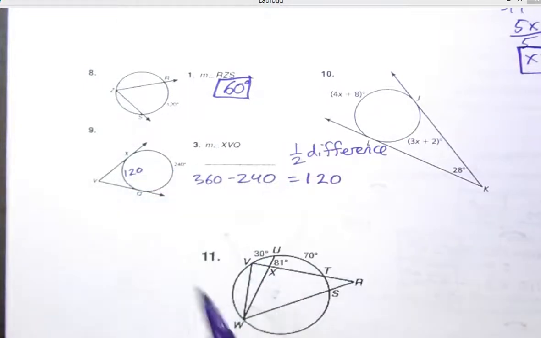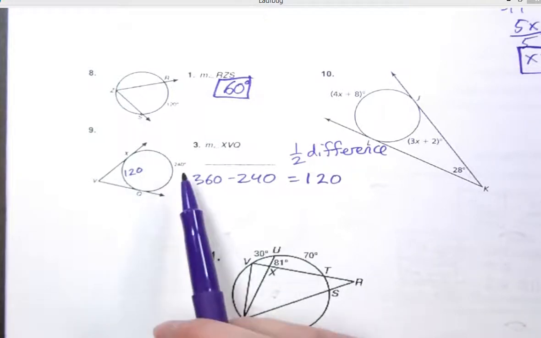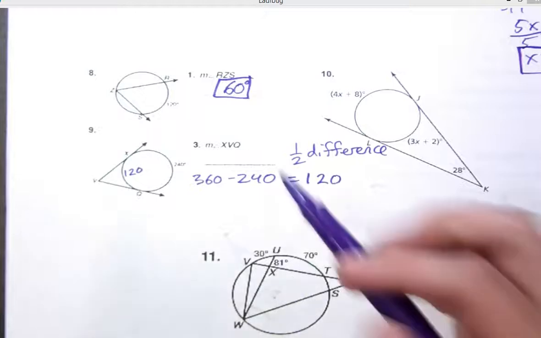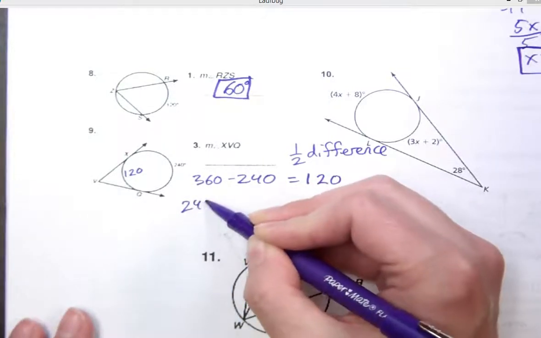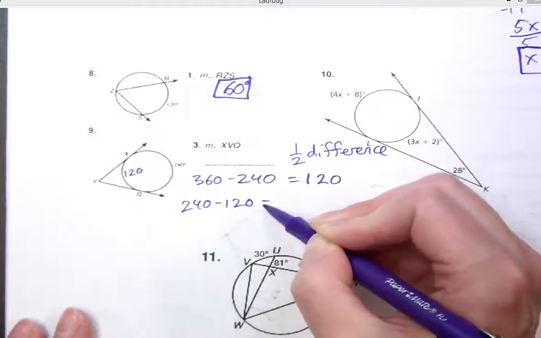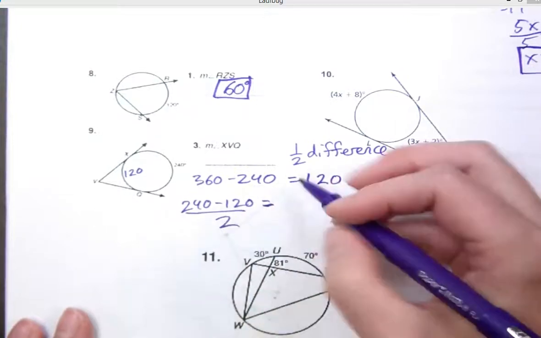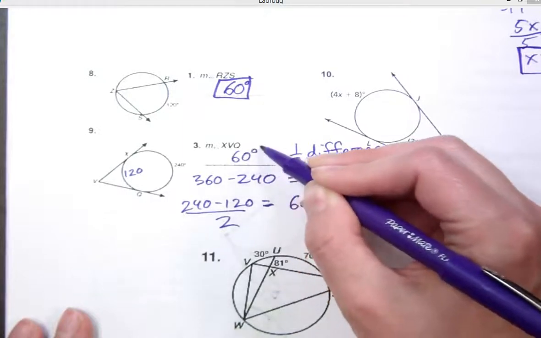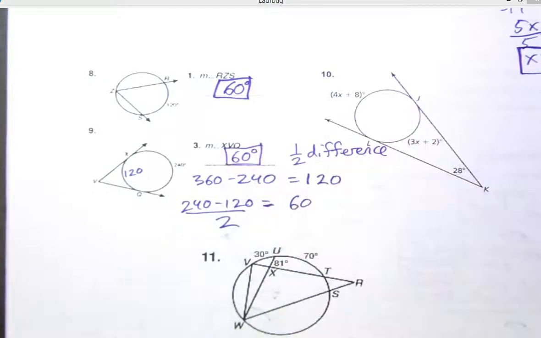You guys will have a lot of this in your homework, where you have to subtract from 360 to find the missing arc. So just check for that first. And now we set up our 240 minus 120 divided by 2 equals 60. See, still pretty easy, right? You just had that extra step to subtract.